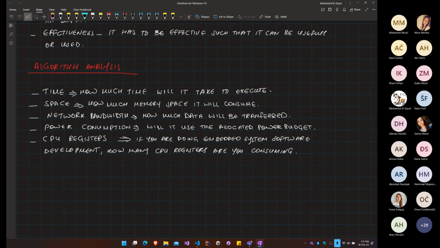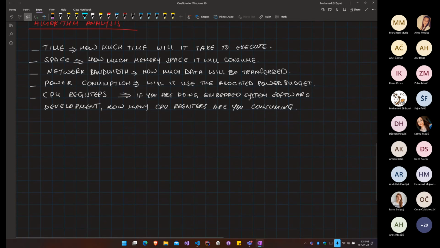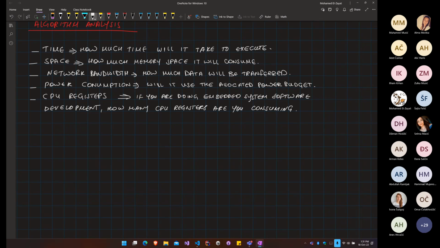Now, kindly note that the algorithm analyses in general are approximations.